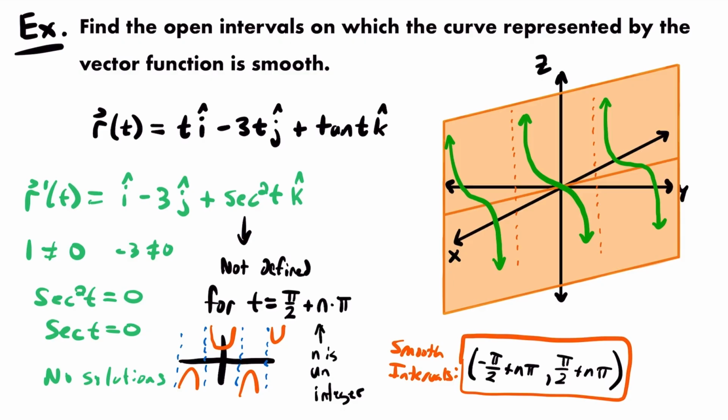I'm just drawing a small section of the space curve here, but this would extend forever in both directions, and so you would have an infinite number of these curves and these asymptotes, and so you can see how there is an infinite number of these smooth intervals, which is why we had to generalize it. Okay, and you can clearly see that for those intervals, the curve is smooth. It's just not smooth at those asymptotes because the curve doesn't exist there.